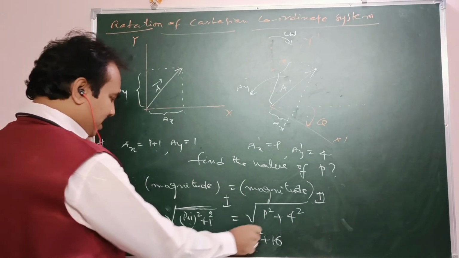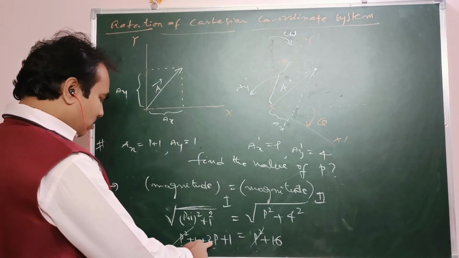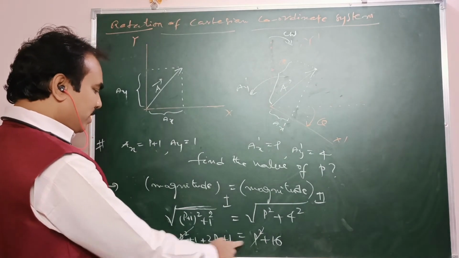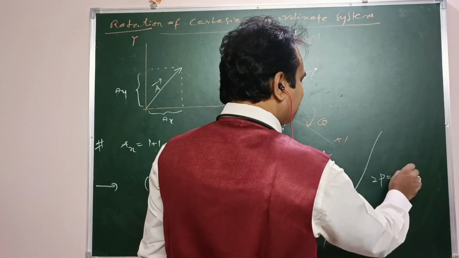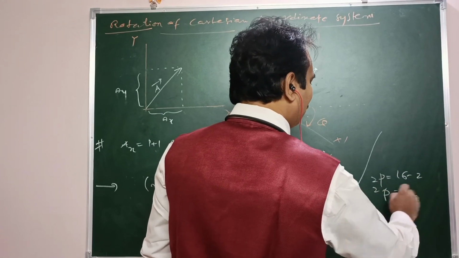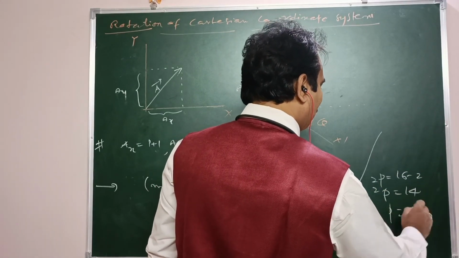P square cancelled, we are left with 2p plus 2 equals 16, that is 2p equals 16 minus 2. 2p equal to 14, p equal to 7.